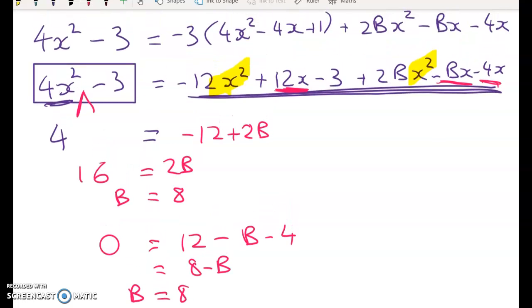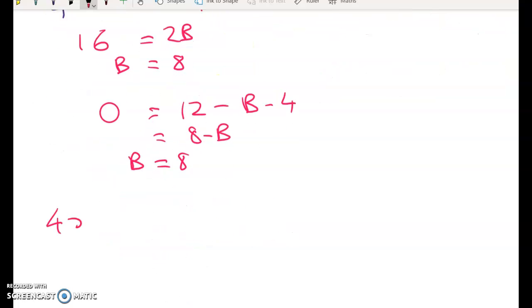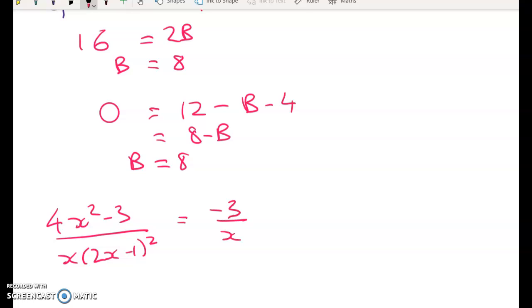What won't work, though, is matching on the constant, because we've got negative 3 here and nothing with a B in it here. Putting that all together, we end up with 4x squared minus 3 over x times 2x minus 1 squared is equal to negative 3 over x plus 8 over 2x minus 1 minus 4 over 2x minus 1 squared.